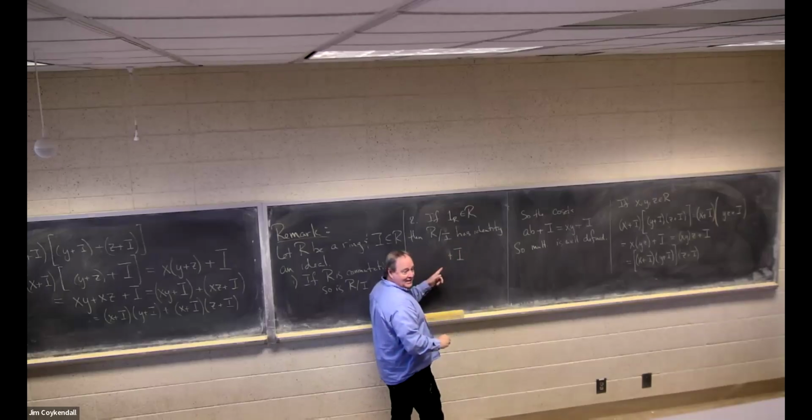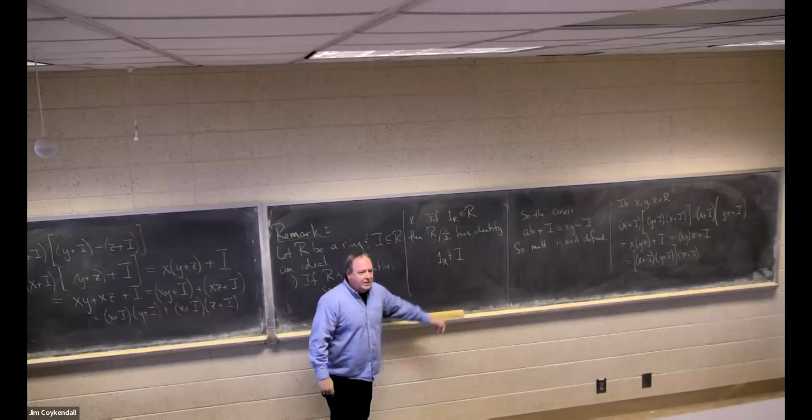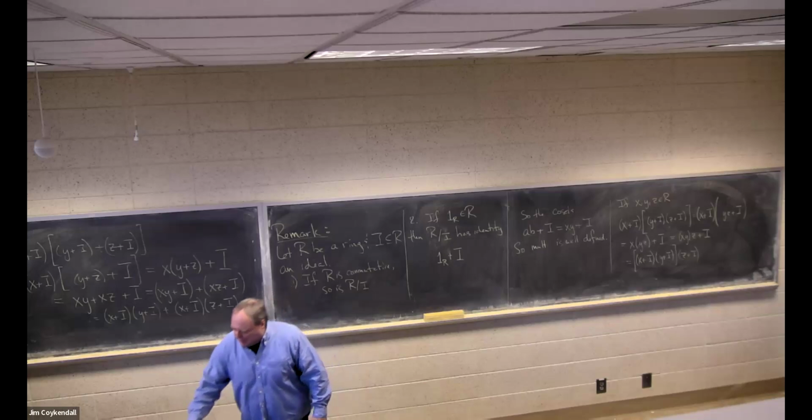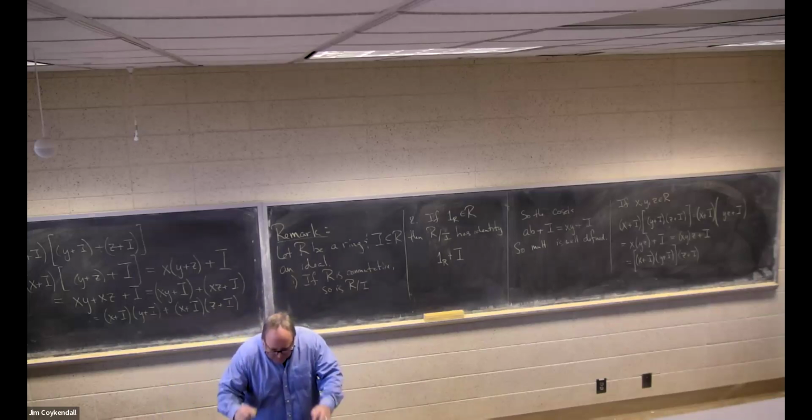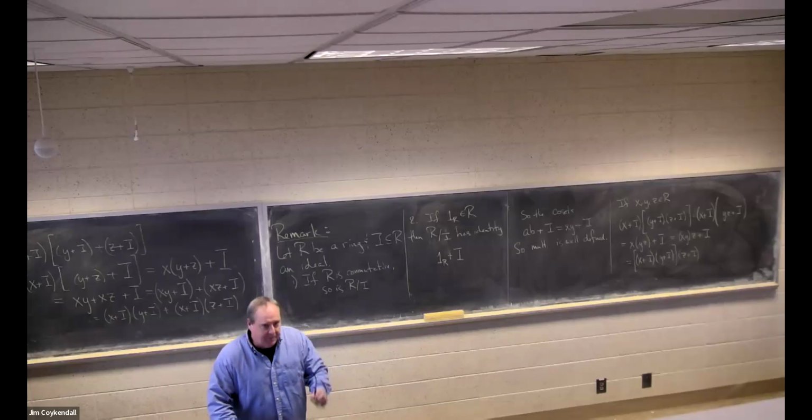Something plus I. And it's easy to see that this coset is the identity. That's the identity with respect to multiplication. Absolutely, right. Okay. Now guess what we have covered?